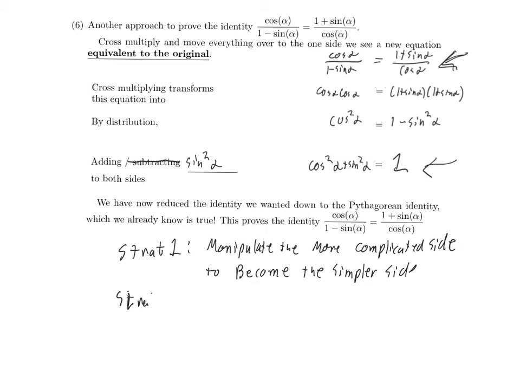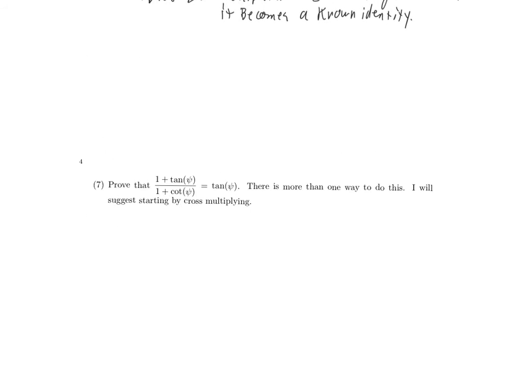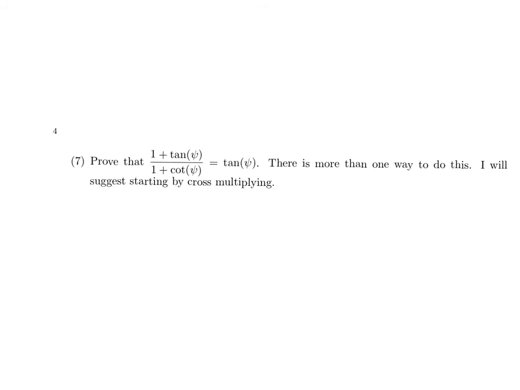The second strategy is to manipulate the whole equation until it becomes a known identity. So let's try to use these strategies to do this.